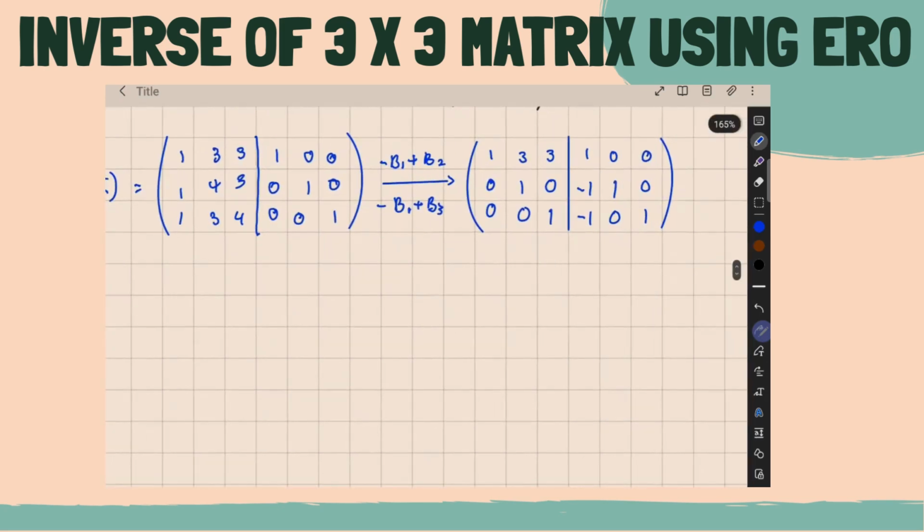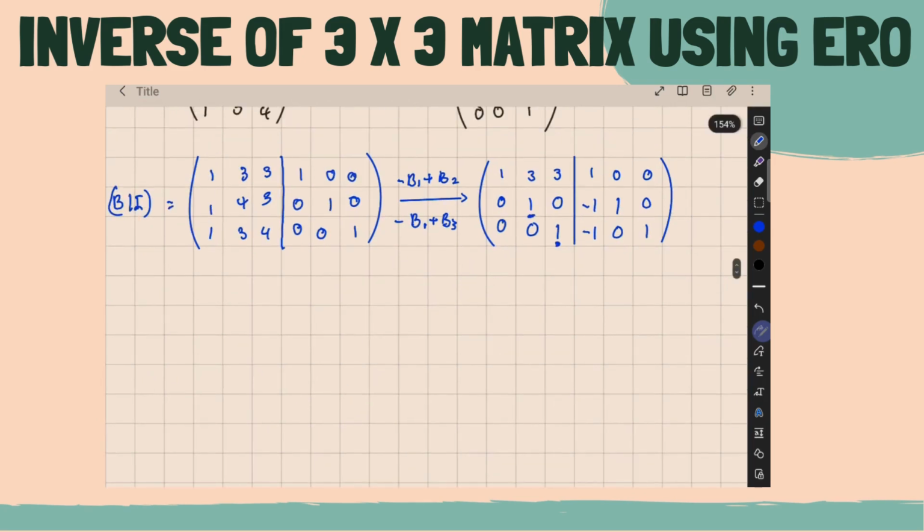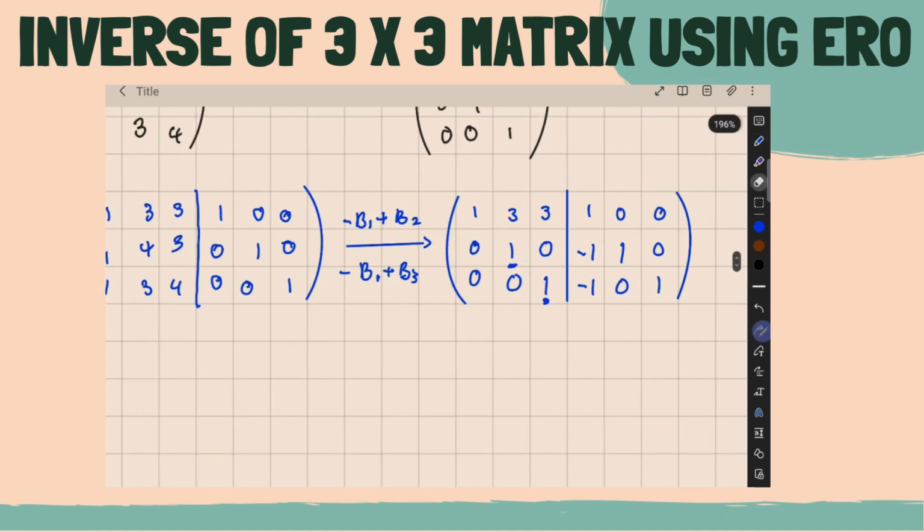Now we can see that there's a 1, and according to the elementary row operation method, when there's a 1 underneath a value of 3, or any value that is not 1 or 0, we can use this 1 to solve for the top.